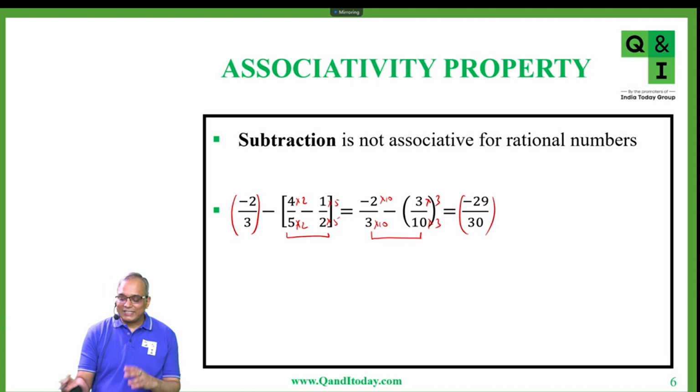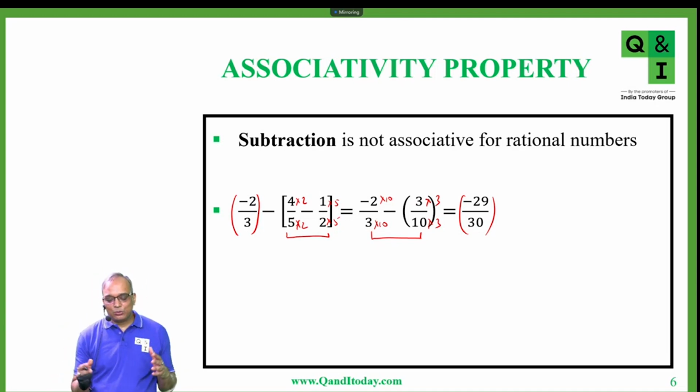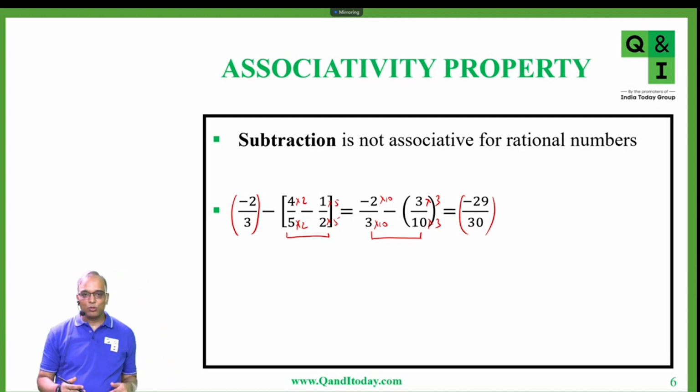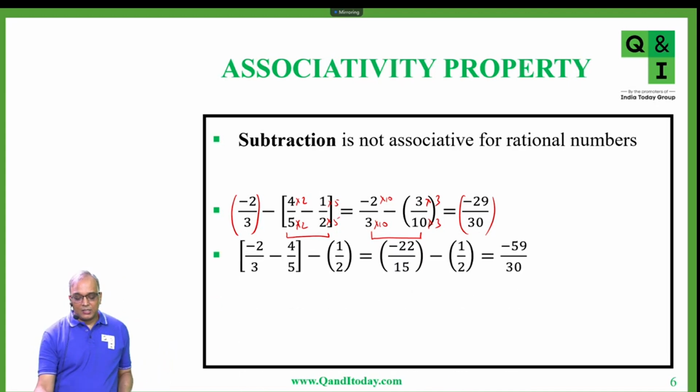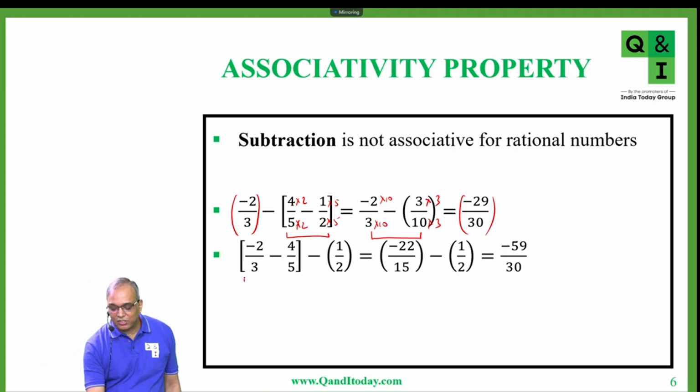So now let's check if we do this association of minus 2 by 3 and 4 by 5 first and then subtract 1 by 2 from it. So when we do this association of minus 2 by 3 minus 4 by 5 first, we'll have the LCM as 15.